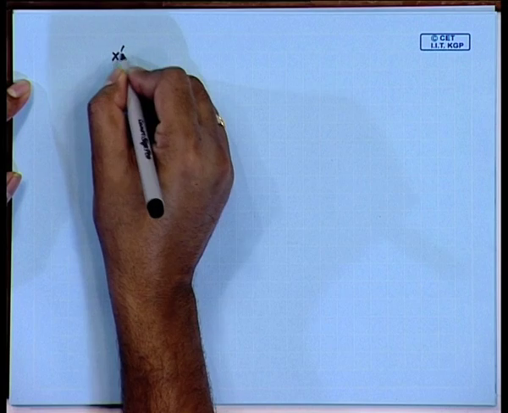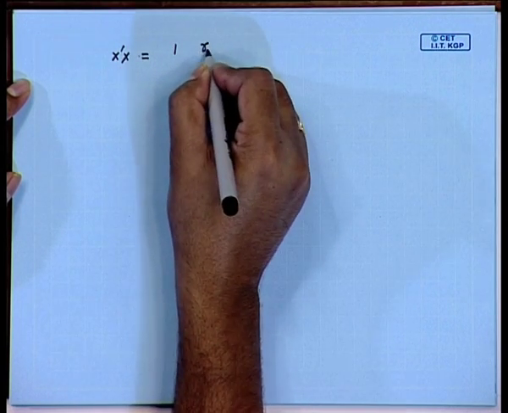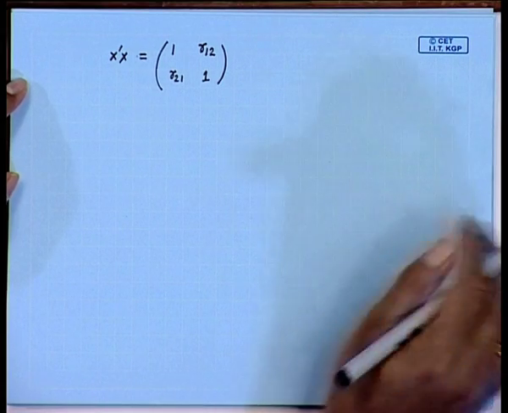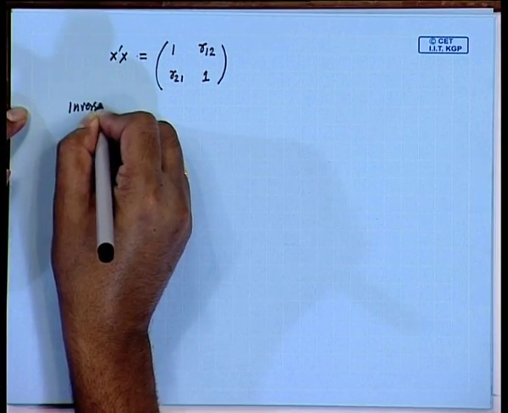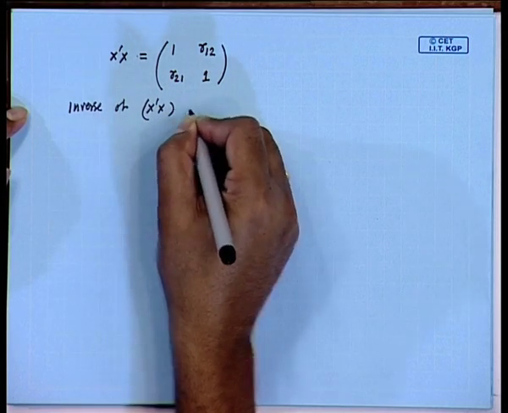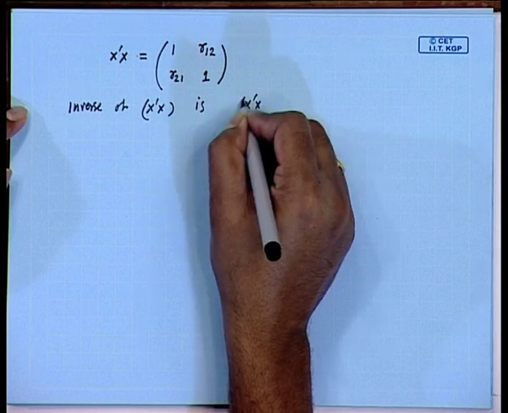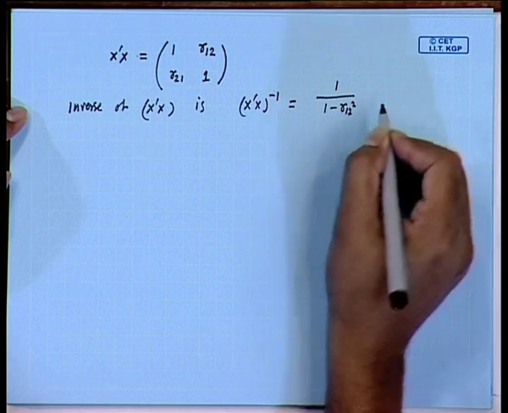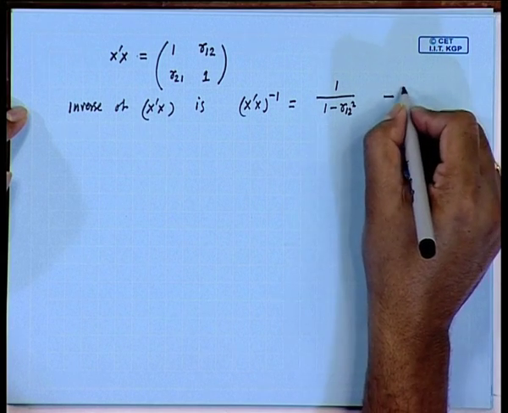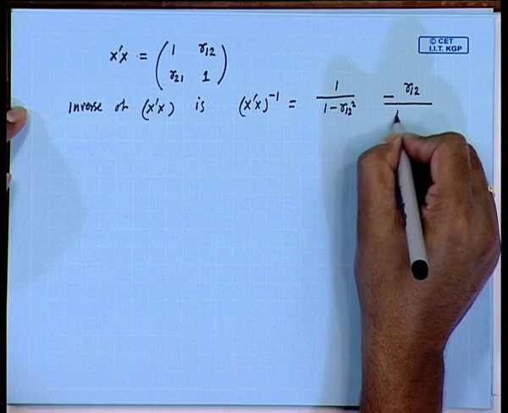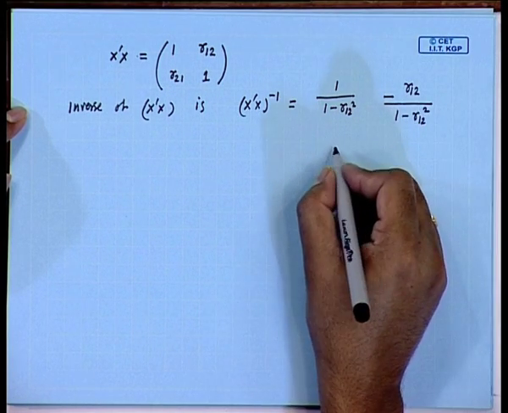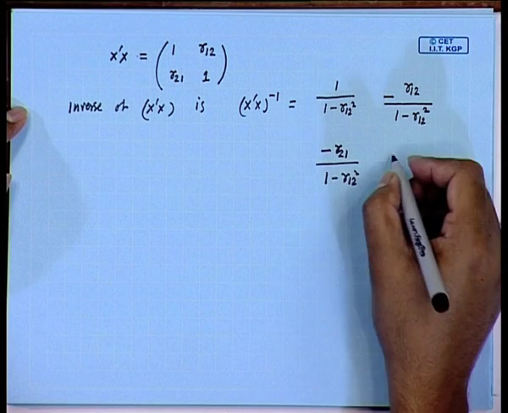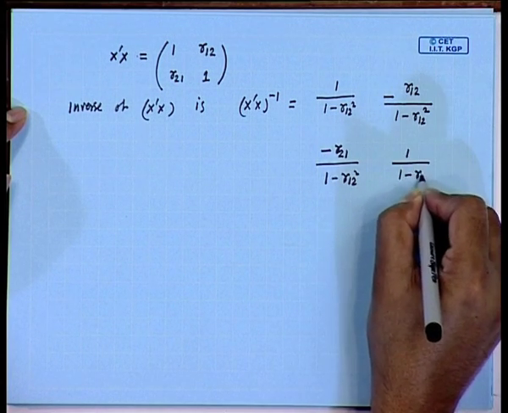Well, so what we have is that X prime X is equal to [1, r12; r21, 1] here, and you can check that the inverse of X prime X, that is (X prime X) inverse, is equal to 1 by (1 minus r12 square) times [1, minus r12; minus r21, 1].